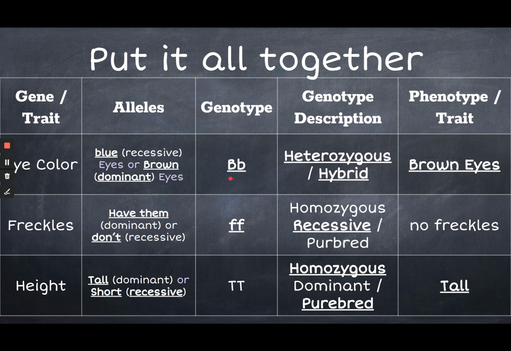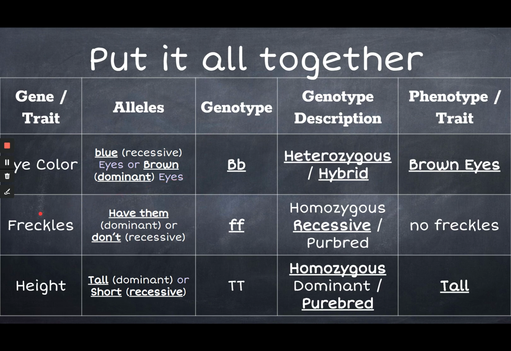So what happens if you get two different alleles? Well, only one of them is going to show up. In this case, brown eyes shows up, even though this individual has an allele for blue eyes. They inherited the blue-eyed trait from their father, but they're going to express the brown eyes from their mother, because the brown eye allele is dominant over the other, so it's always going to show up.